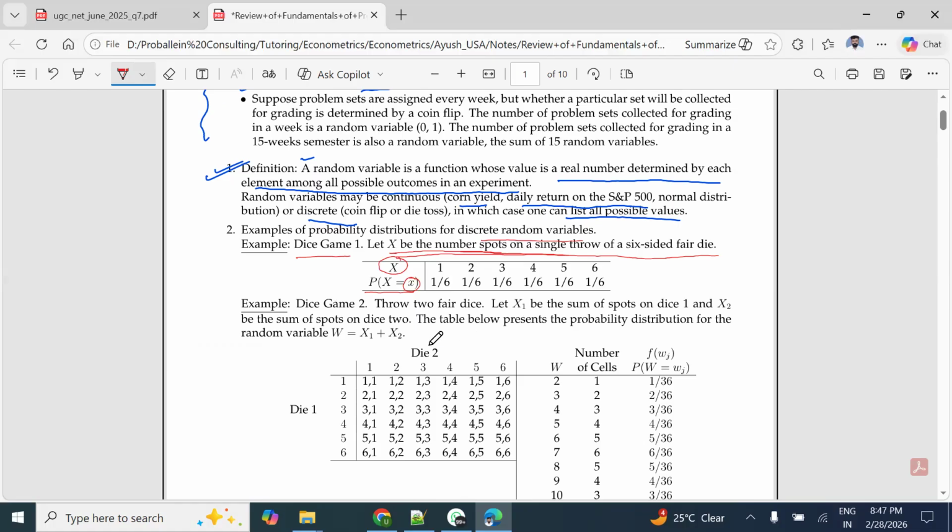Yes, sir. So what would be the random variable? Capital X, sir. And this is the specific values of the random variable, when the random variable takes the specific values. Okay.